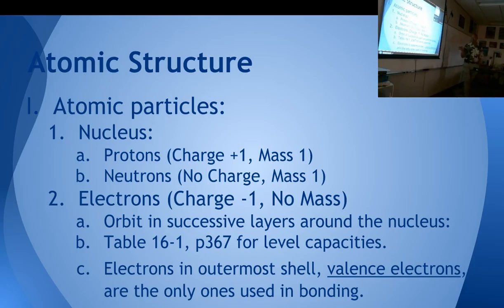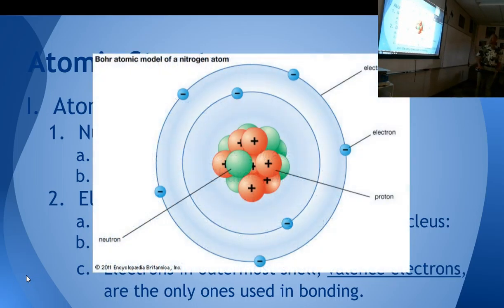So the outside electrons are the ones that we care about the most for chemistry, and they're the ones that we're going to be focusing most on when it comes to chemical reactions. So here's just a picture of one way of looking at the current understanding of the atom.